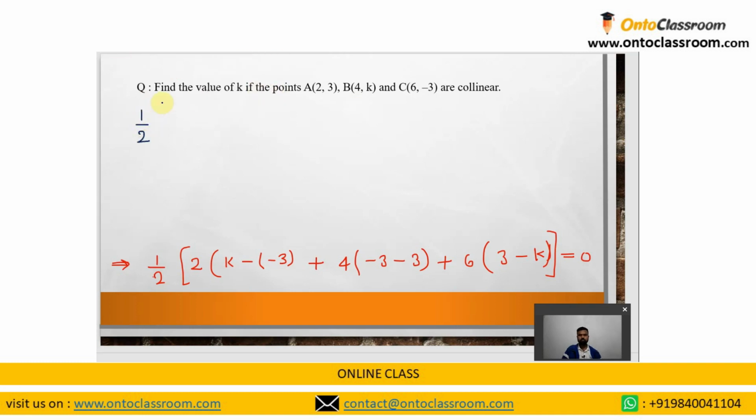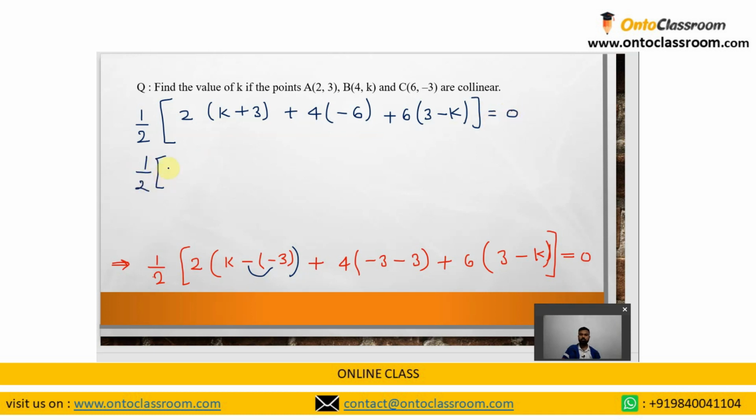One by 2 [2 (k plus 3) plus 4 (minus 3 minus 3) plus 6 (3 minus k)], and the area will be equal to 0 because points are collinear.